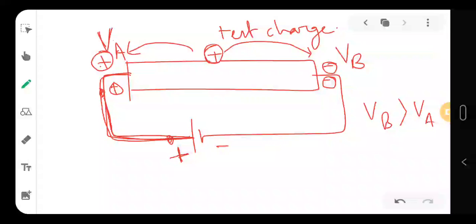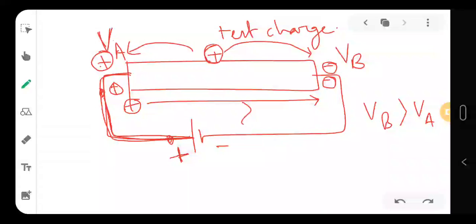If a positive charge was here, let's say some charges were at VA, it was having that energy VA, but now it wants to go to the VB area. Why? Because it wants to go to a place where there is less energy, where it can throw some of the energy out.